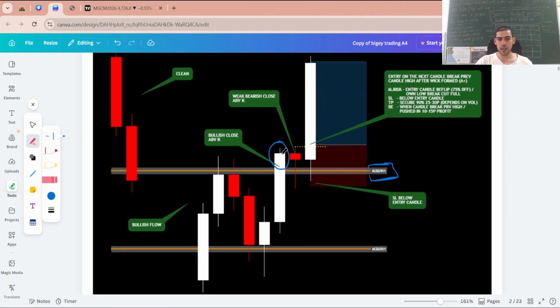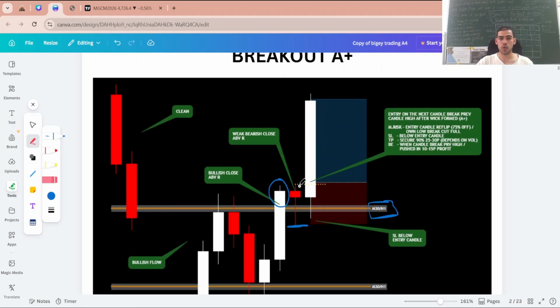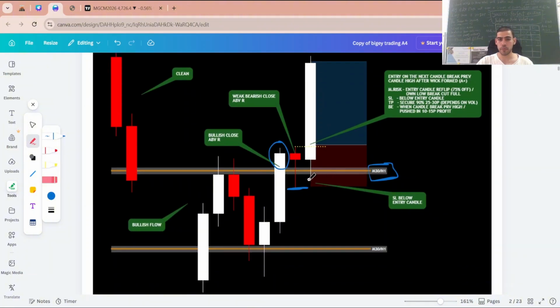Basically, after we got a closure, we got this rejection candle to retest this range one more time. This candle shows that it failed to close back inside the range, which means there is weak bearish volume.